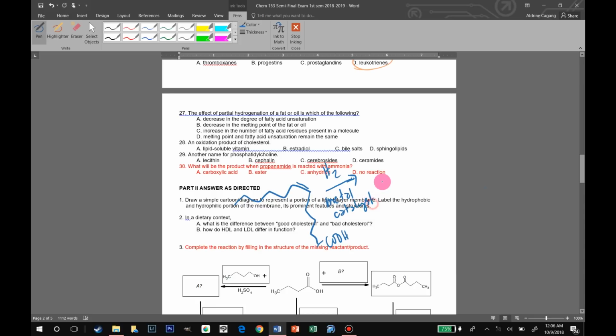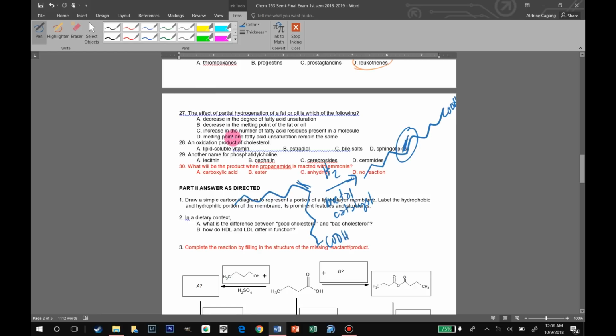So for the partial hydrogenation process, instead of giving a saturated fatty acid at the end, you're actually converting your cis double bond to a trans double bond. So you're getting a linear structure at the end still, but you're still not completely getting rid of the double bond, or the alkene, at the end of the process. So that is what happens during a partial hydrogenation.